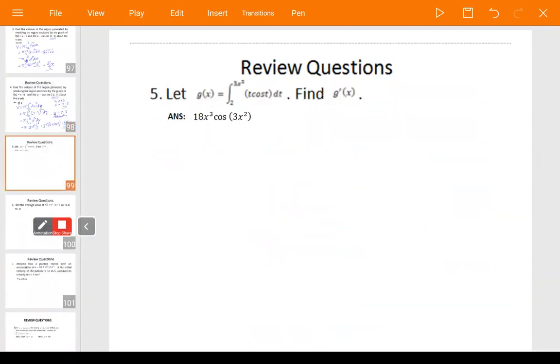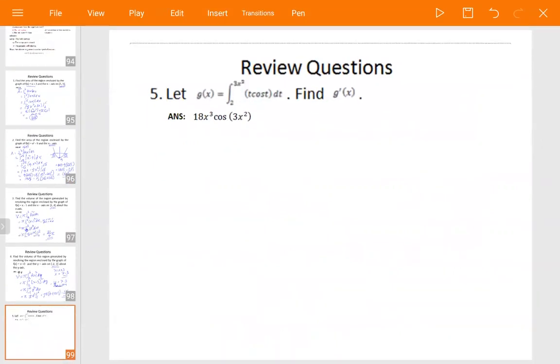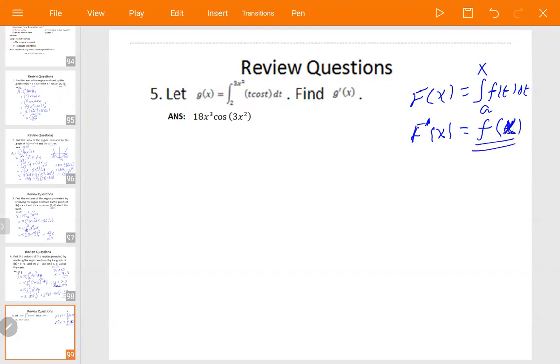Question number 5. I think it is the application of the fundamental theorem of calculus 1. As you remember, the fundamental theorem of calculus 1 says that if, for example, capital F of x is the integral from a to x of another function, f of t dt, then the derivative of F at x will be equal to f of x.